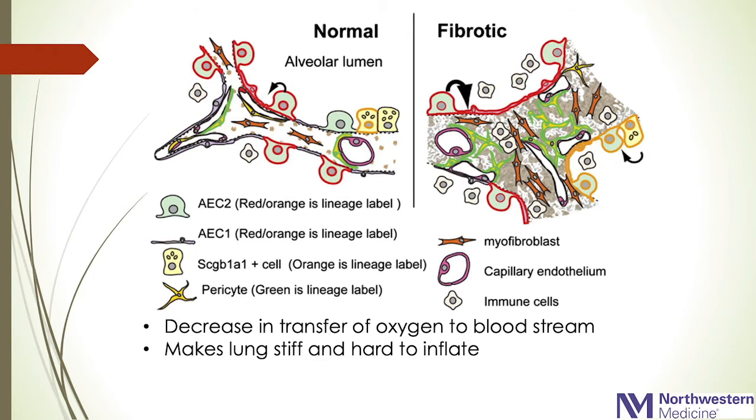Then if we look at this cartoon, here are the alveoli, and here's another one. These are the cells that line the alveoli. These are your blood vessels, your capillaries. They're sitting right next to the wall so they can pick up oxygen. There are a couple of cells, but for the most part, it's a very fine structure. Here it is in disease.